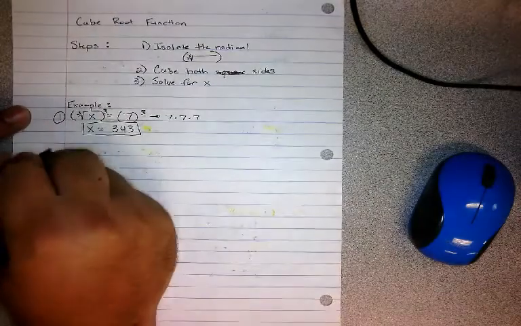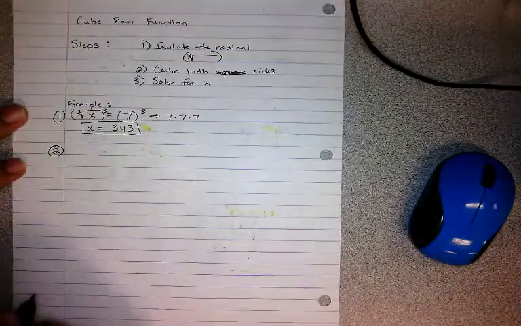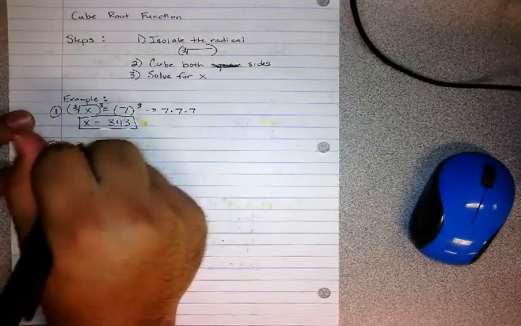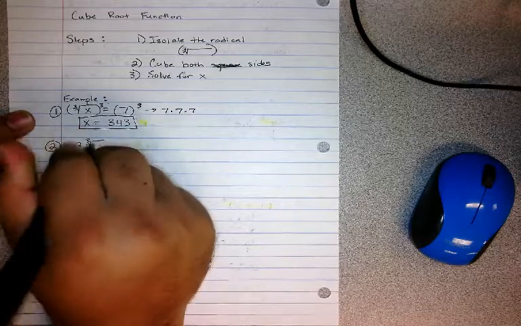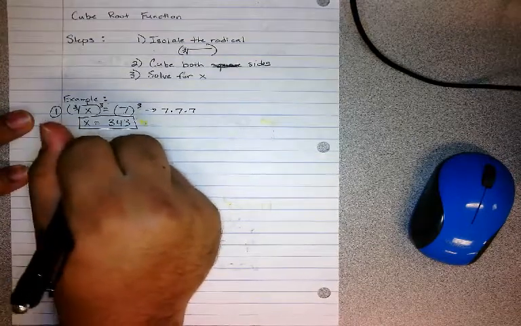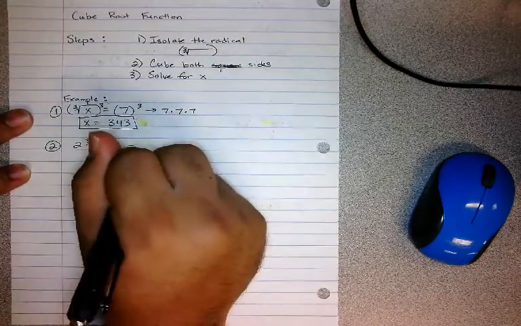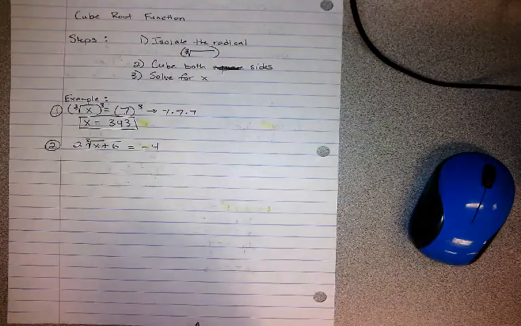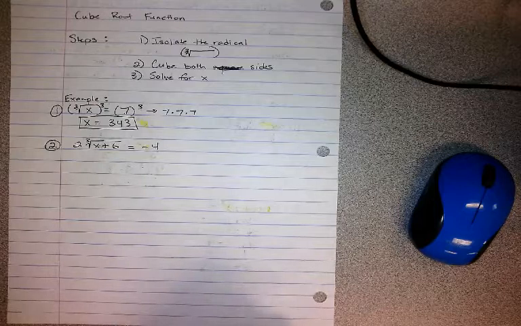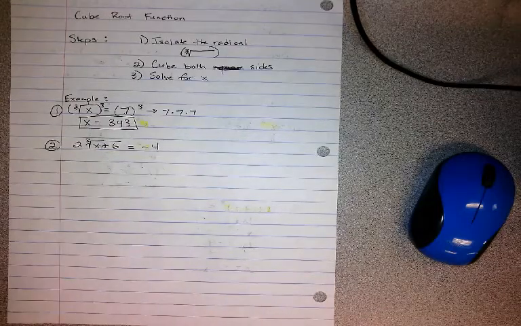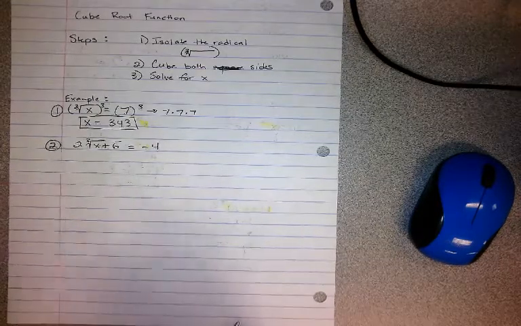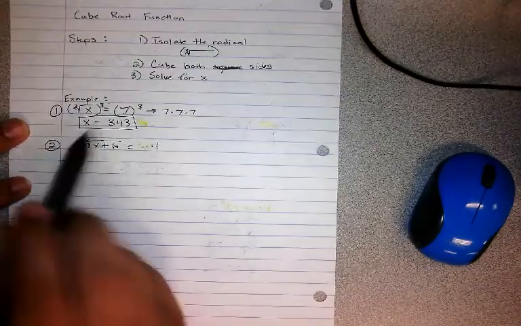Number 2, we have 2 times the cube root of x plus 6 equals -4. You got to isolate the radical.